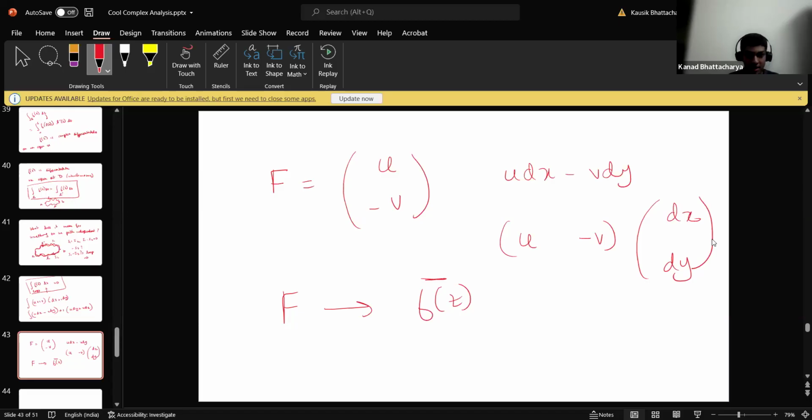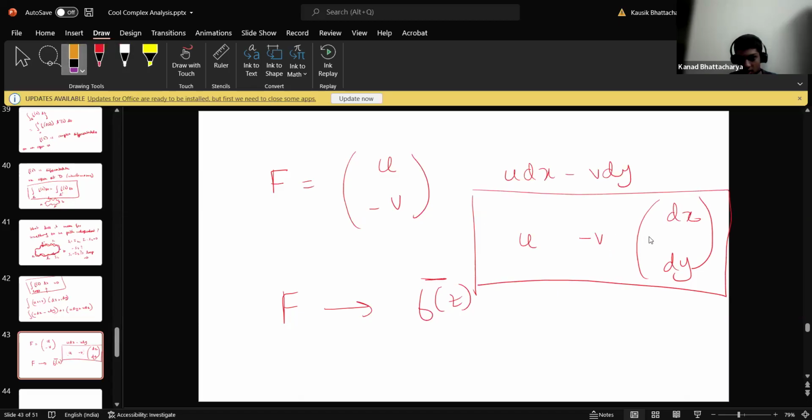Does this make sense? We're taking the dot product or the matrix product of these two matrices, or maybe I should put square brackets, because that's the convention I've been following. So we're looking at the dot product of these quantities.